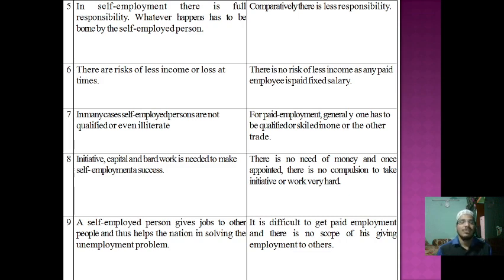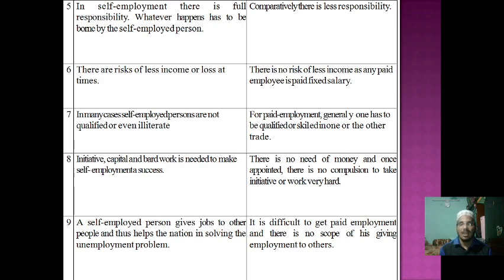Here in self-employment, there is full responsibility. Whatever happens has to be borne by the self-employed person. If I am the owner of the company, I am taking all responsibility, like departmental employees, production, labor, manufacturing equipment, taxes.